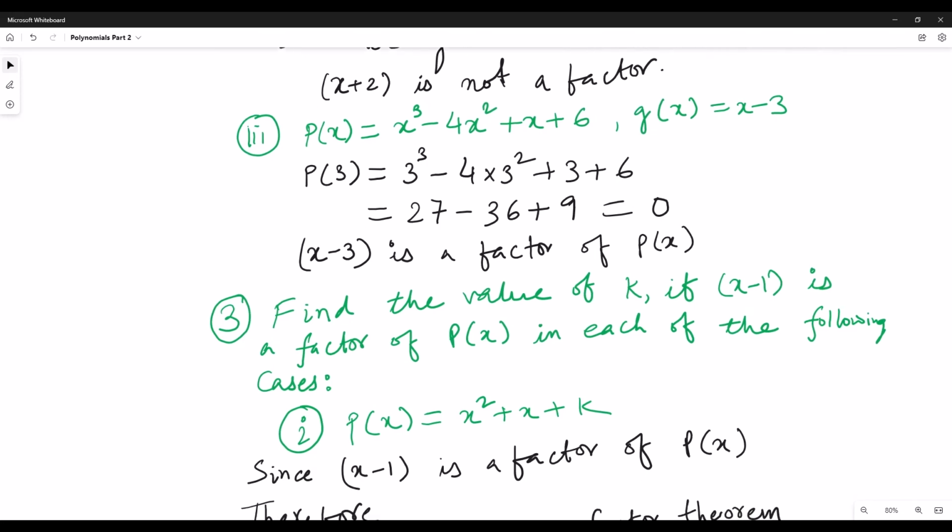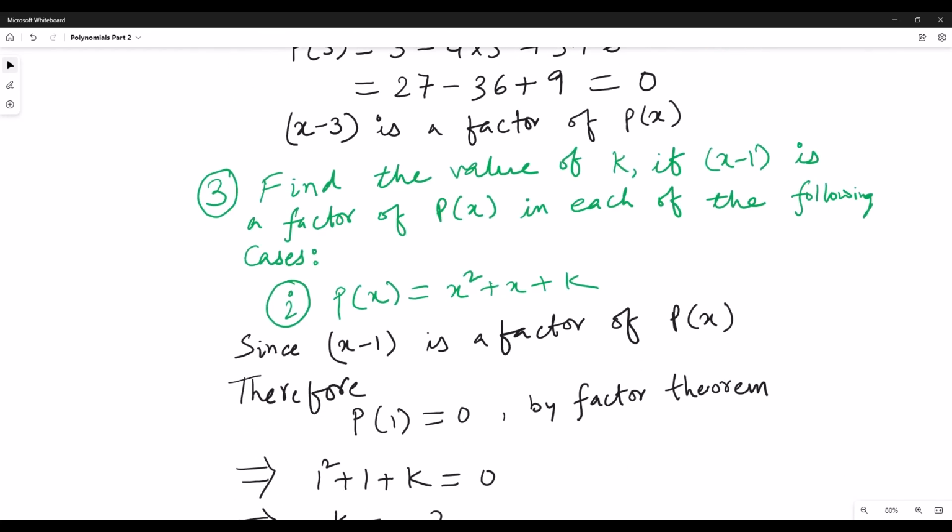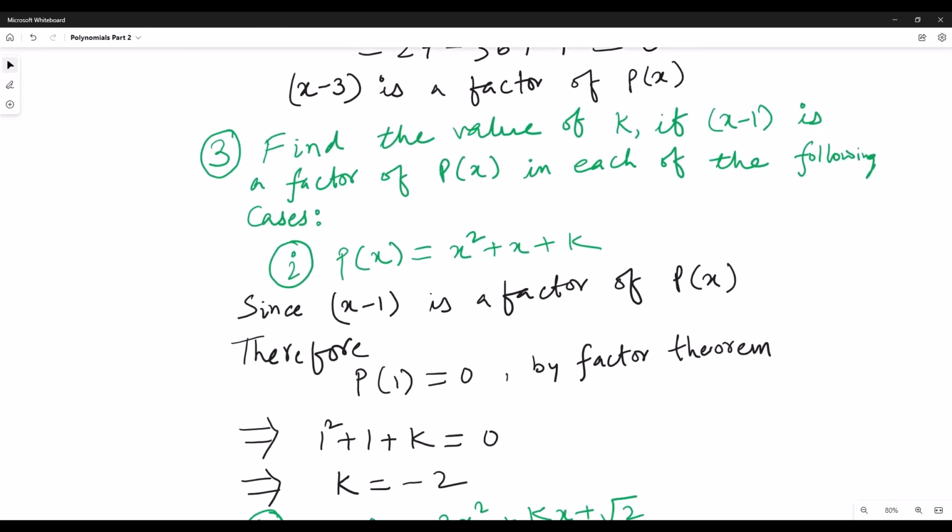Likewise, for this expression: find the value of k if x minus 1 is a factor of p(x) in each of the following cases. If x minus 1 is a factor of p(x), then p(1) will be 0, right?